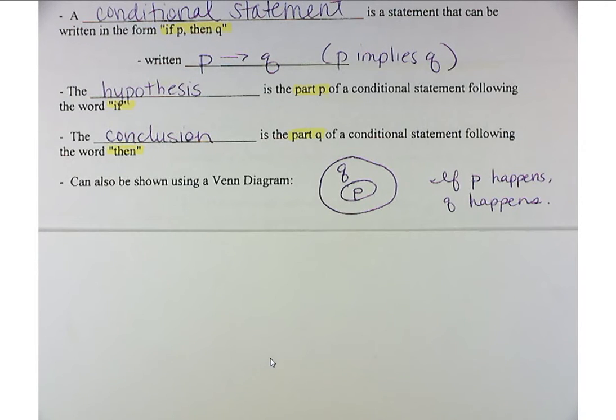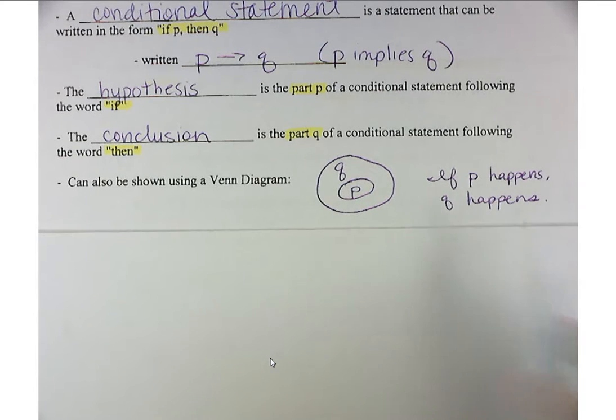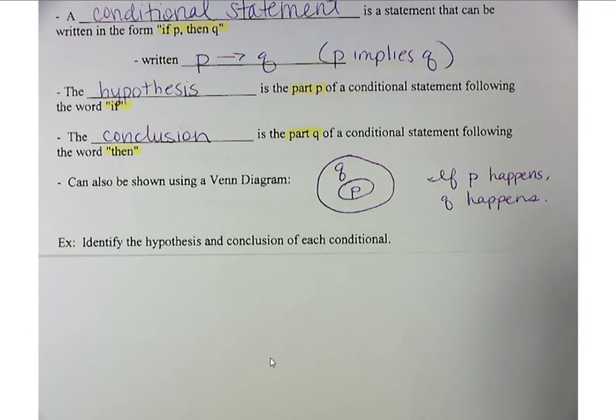If we know that P is true, we know that Q is true. So in the Venn diagram, because P is located inside of Q, we know if P happens, then Q happens.